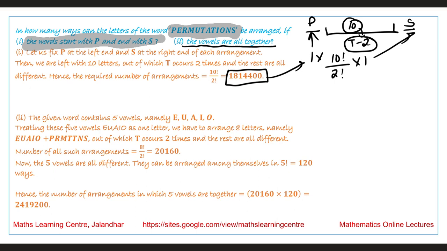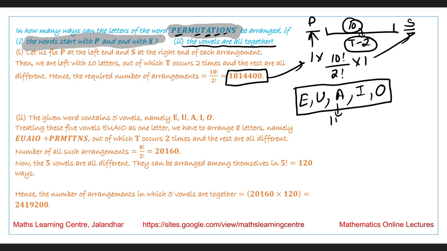Second is the vowels are all together. The vowels we have over here are E, U, A, I and O. We are considering all these vowels as one letter.